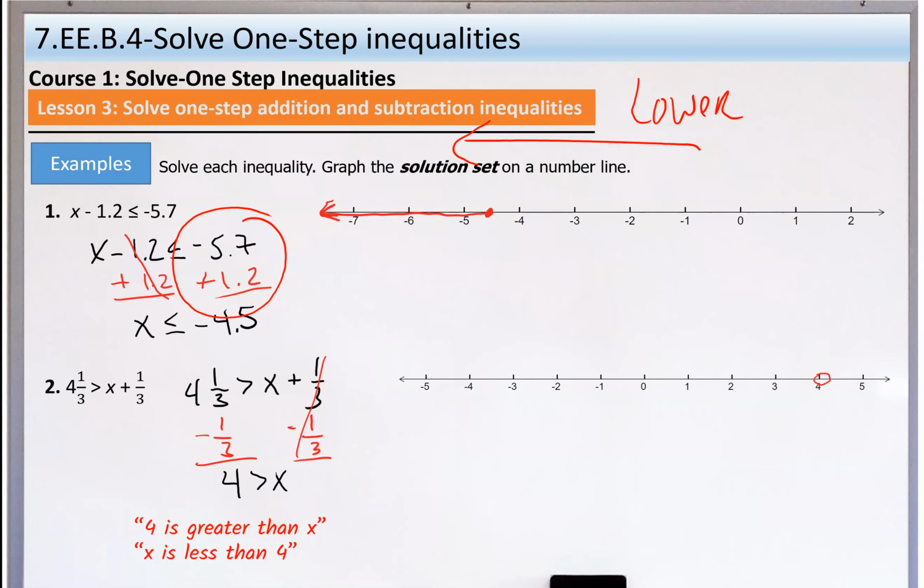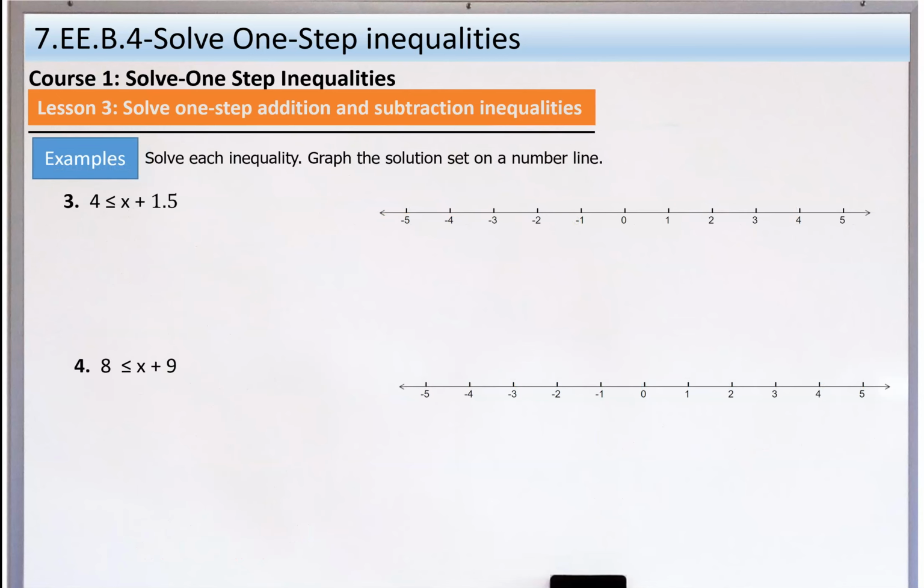I find the second one is easier to graph. So we're not including 4, so we put a circle around the 4 and anything less than 4. 4 is greater than x is the same thing as saying x is less than 4 because we have the smaller end over here.